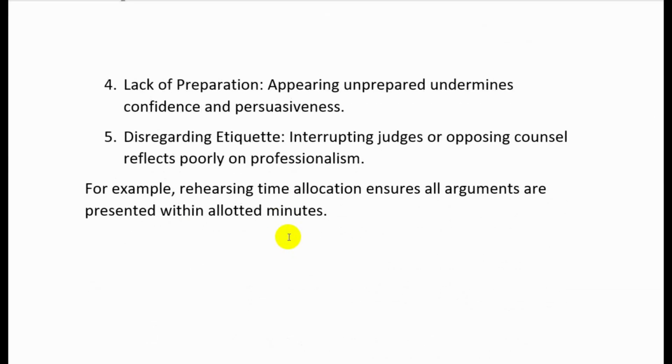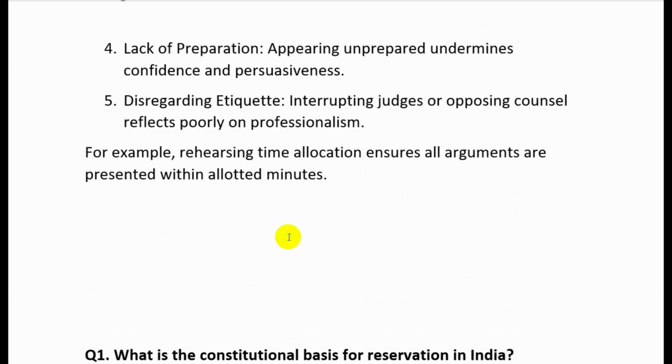Lack of preparation. One has to go prepared. If one doesn't do that, then it shows that one does not have enough confidence or persuasiveness in their arguments. Disregarding etiquette. Interrupting judges or opposing counsel reflects poorly on professionalism.